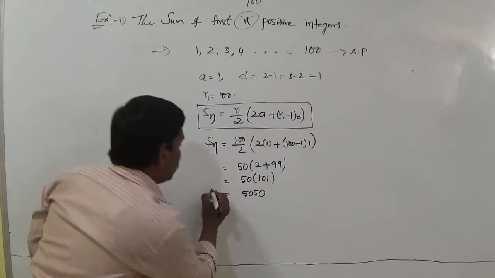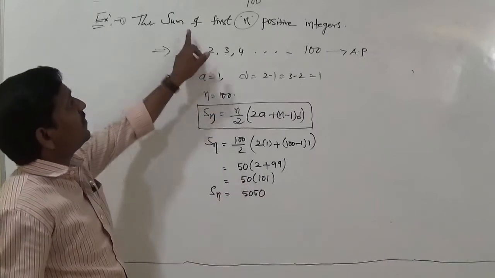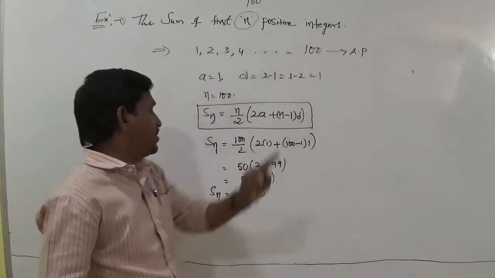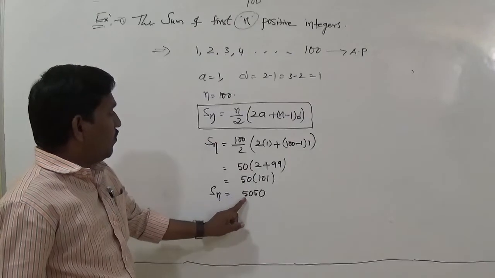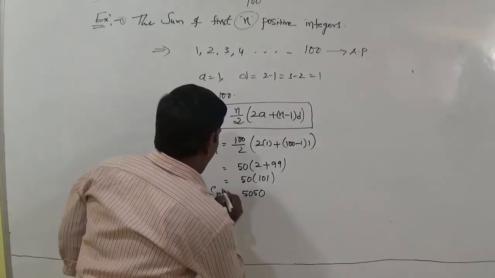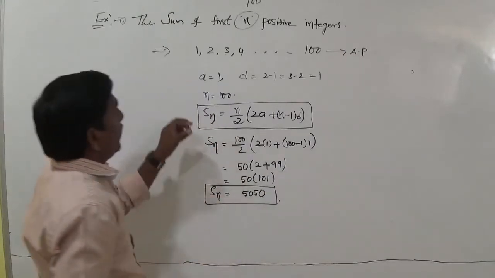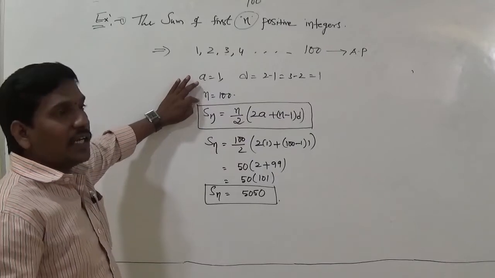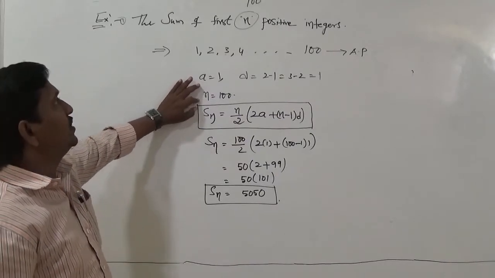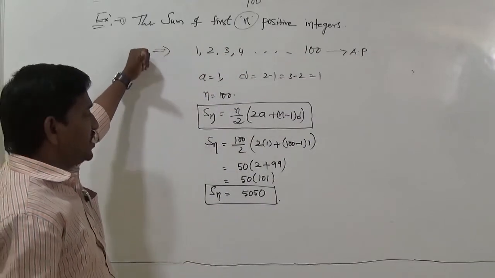The sum of the first 100 positive integers is 5050. By using this formula, we can calculate the sum of any number of terms easily.